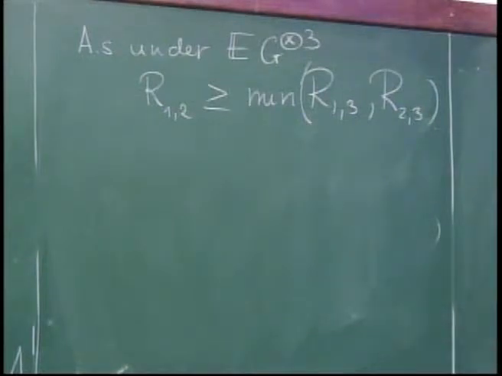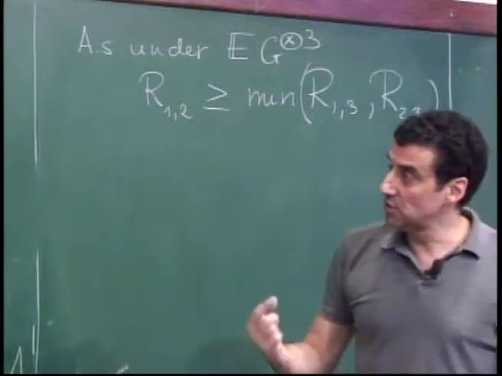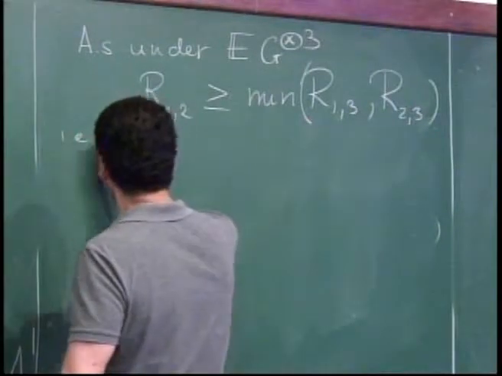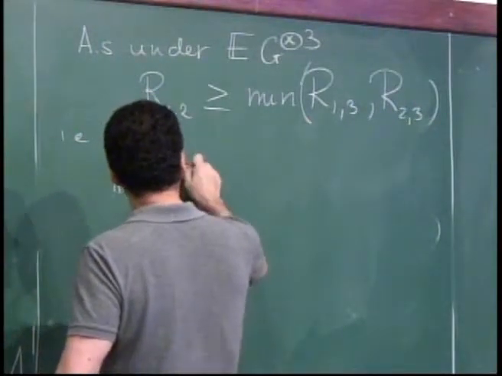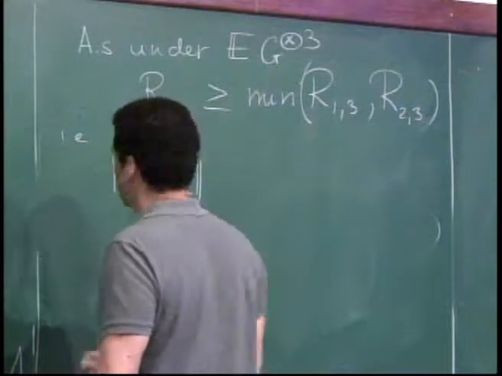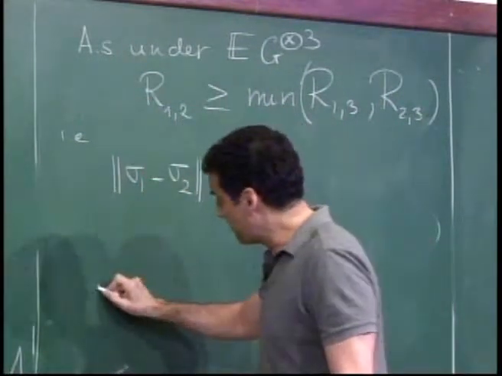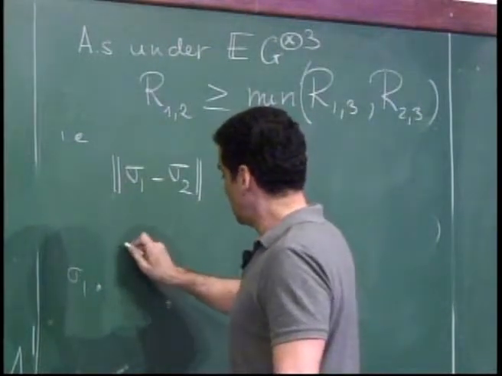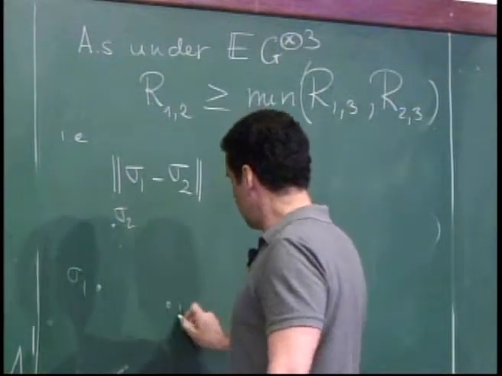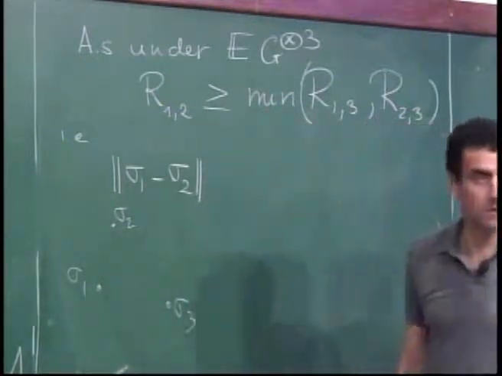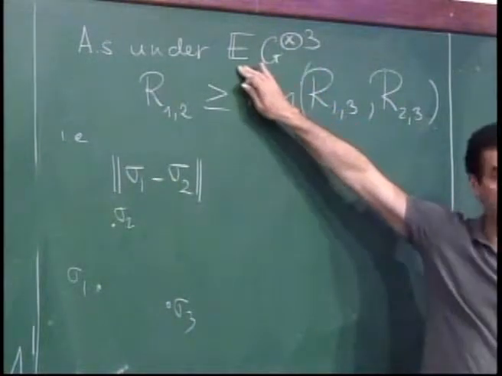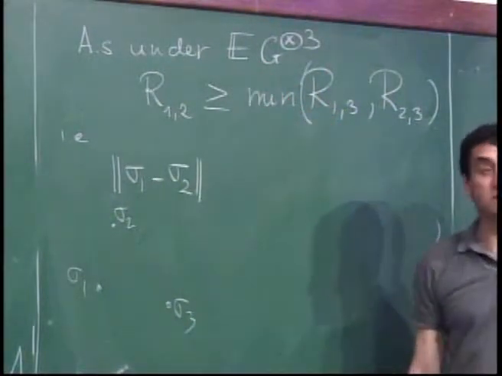So the distance. Since we know now by theorem 1 that we are on a sphere, this also means that the distance between sigma 1, sigma 2, and sigma 3, you pick 3 points under the Gibbs measure G, independently under G3, then you average under the disorder, you look at their distances.